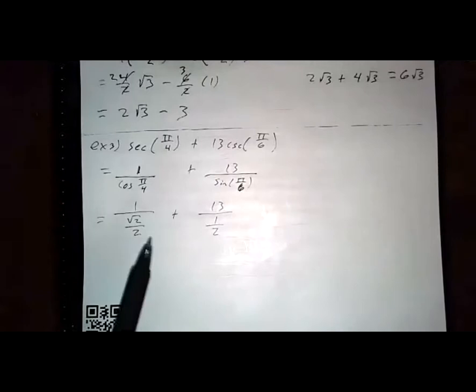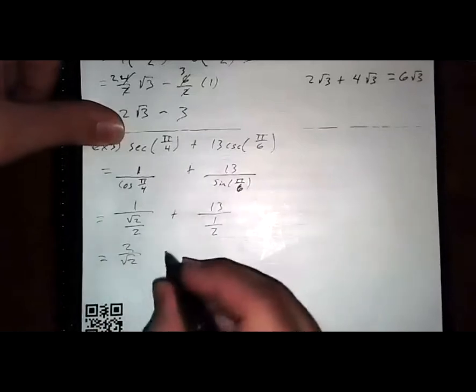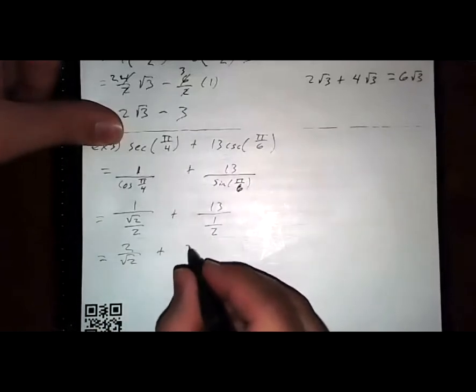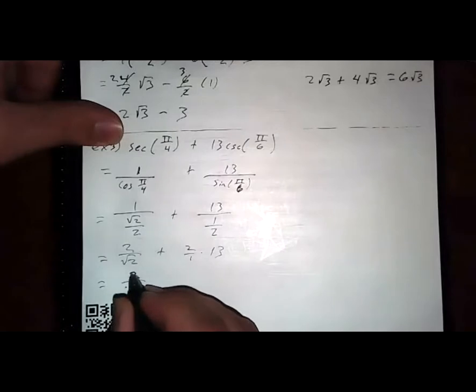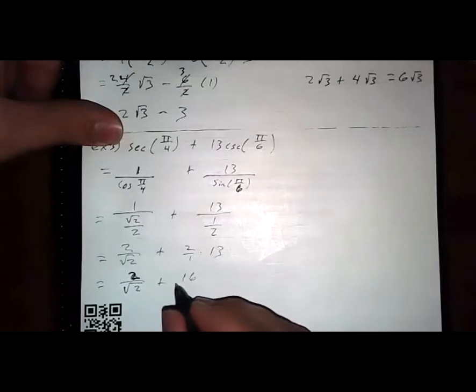So what do you do when you have fractions down here? Yeah, just flip the bottom or take the reciprocal and multiply, right? So this would be 2 over root 2 plus 2 over 1 times 13. So that would be 2, I said, not 3. Root 2 plus 26 over 1.